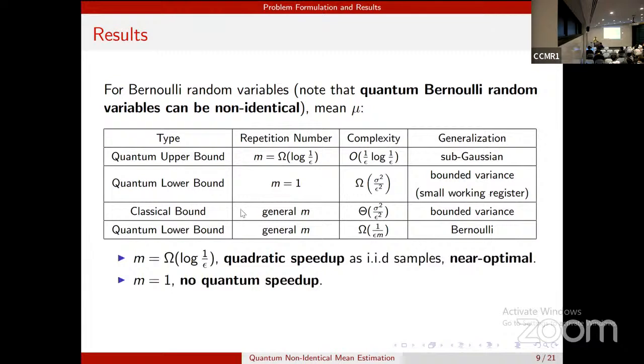So compared with the classical bound, we can see that for this m equals 1 case, we achieve no quantum speedup. In addition, we also have another quantum lower bound for general m, which is Omega(1/(epsilon m)). So from this, we can conclude that for constant m, if the precision epsilon is not very large and not very small, we also achieve no quantum speedup.